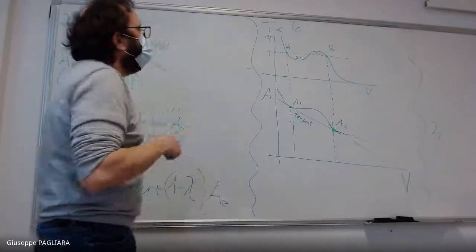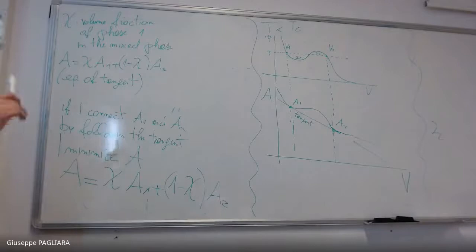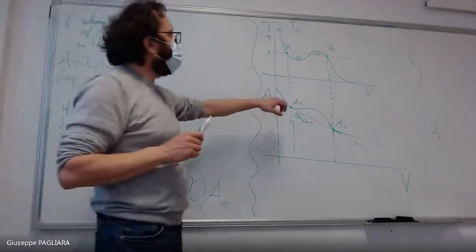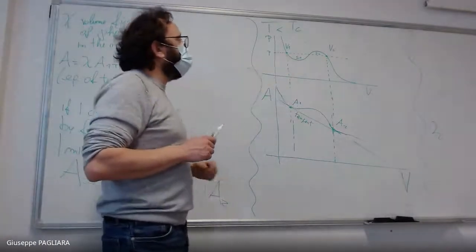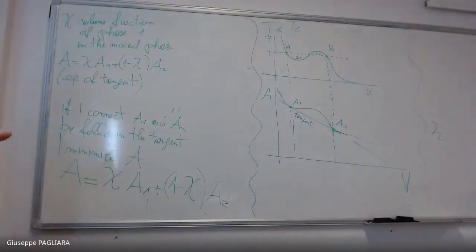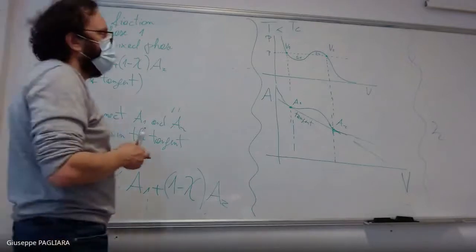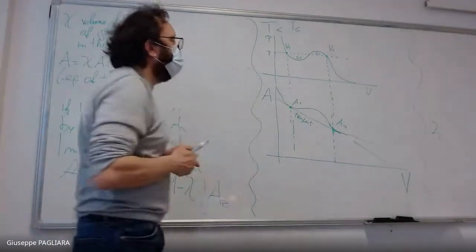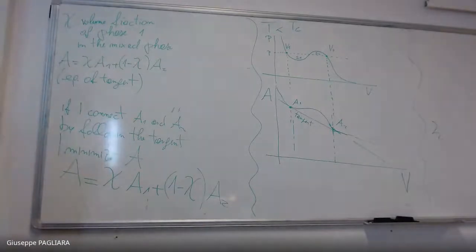So basically what I'm doing here is to realize first that A1 and A2, corresponding to V1 and V2, are two phases of the same matter at the same pressure, at the same temperature, but having different values of volumes and values of the Helmholtz free energy.